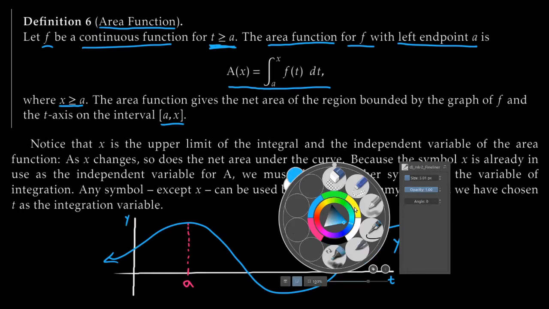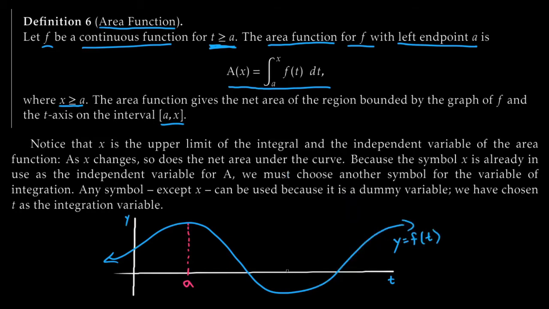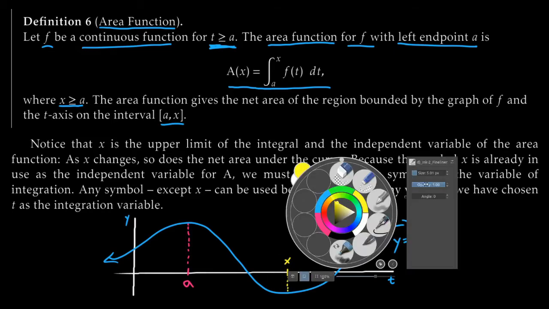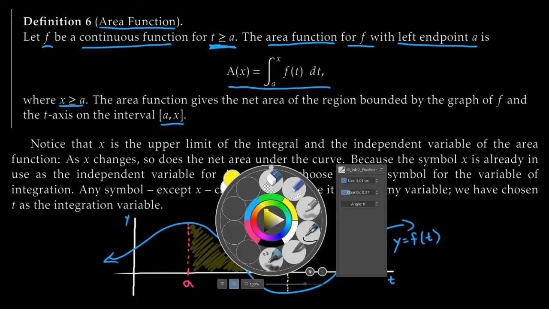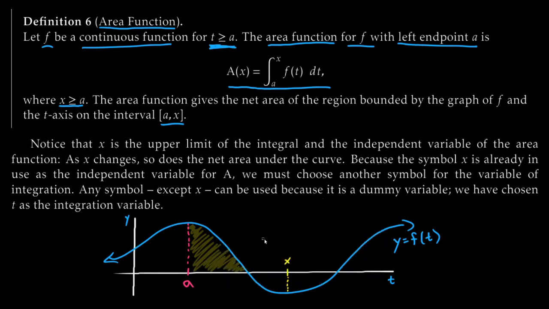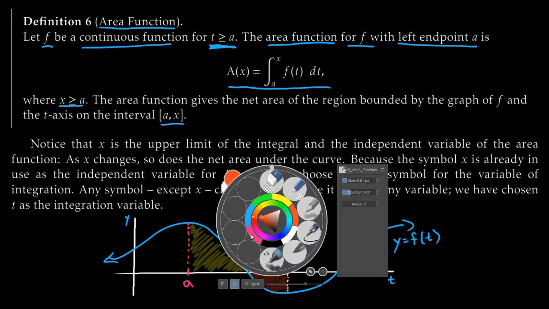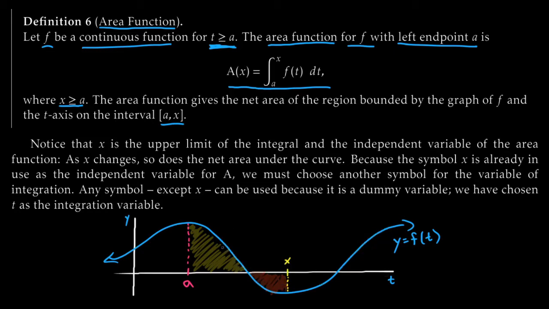Then if I pick an x, say right here, and trace on down, and look at the net area under this curve, adding this area and subtracting off this area down here, then what I'll get is what the area function tells me.